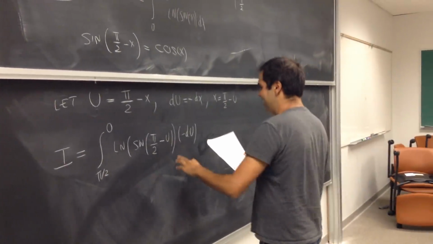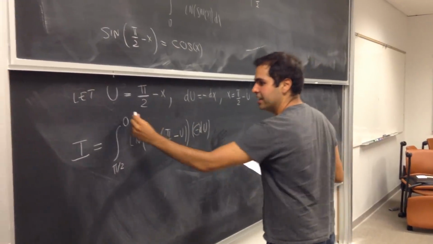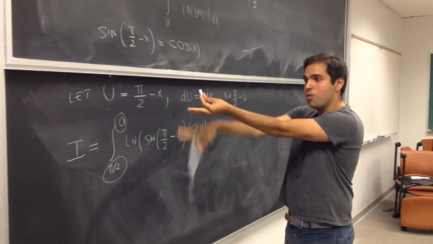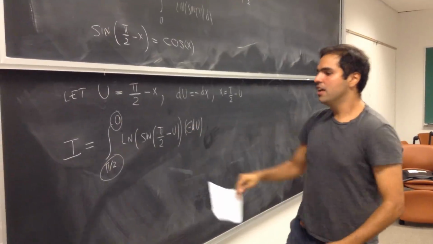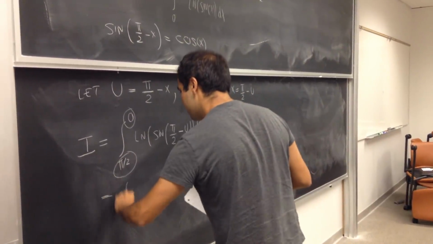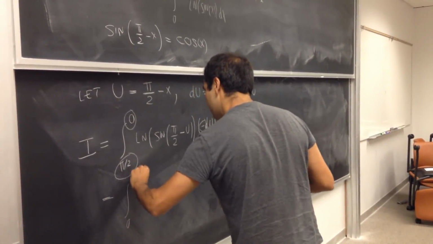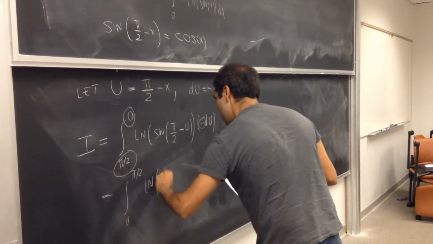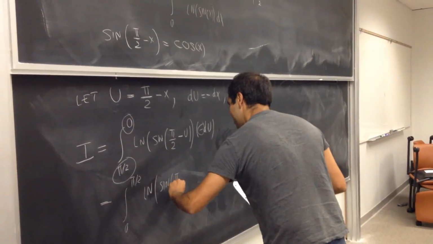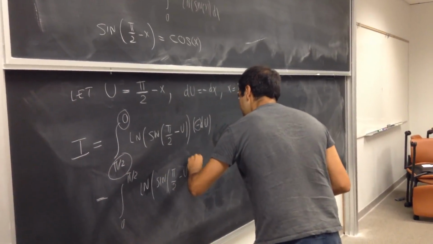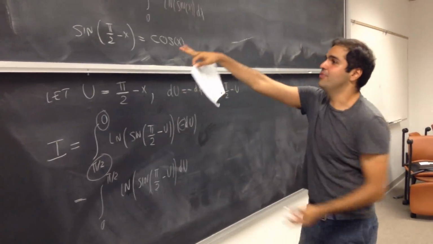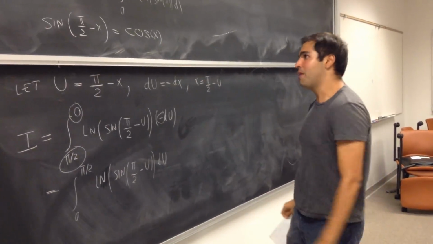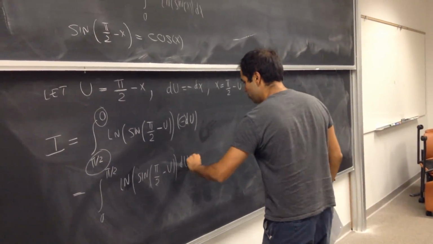Because of this minus and this weird thing that has completely the wrong orientation, this integral in fact becomes the integral from 0 to pi over 2 of ln of sine of pi over 2 minus u du. But as I said, we have this nice formula that sine of pi over 2 minus x is cosine of x.